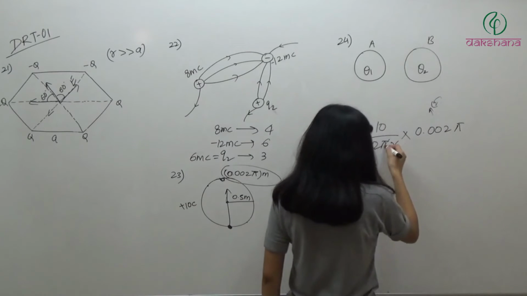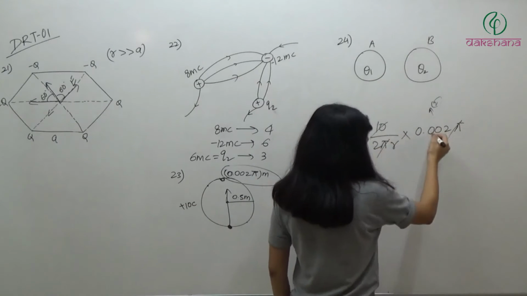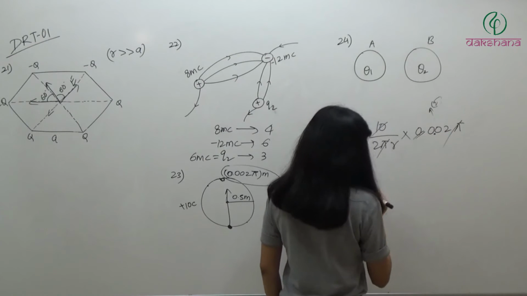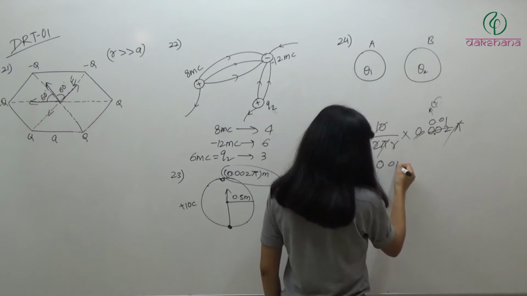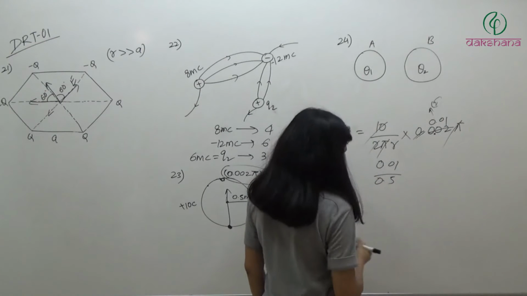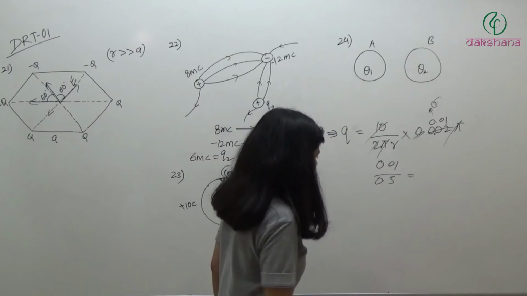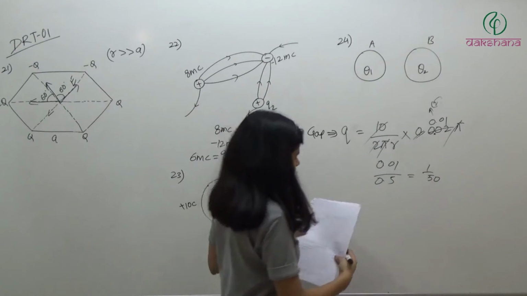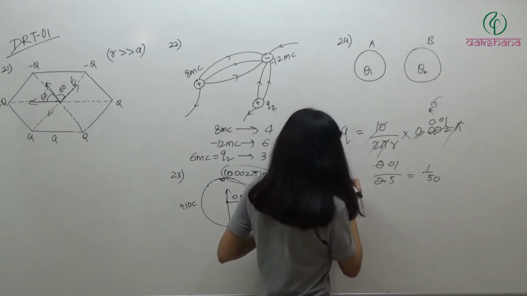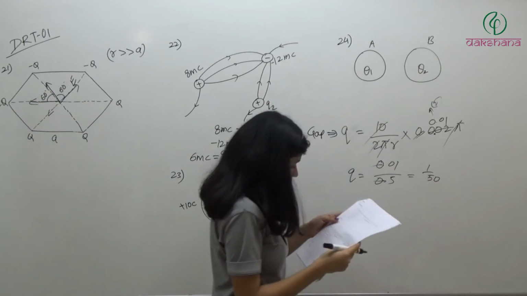Okay? So what will it be? Pi cancels with pi, and the 10 cancels with this. So here we have 0.01 divided by 0.5, the radius. So again what do we get? We'll have 1 by 50, right? 1 by 50. So Q is equal to 1 by 50.